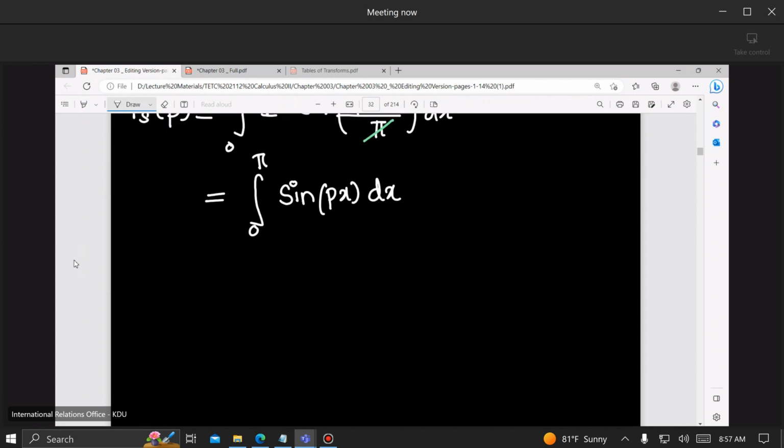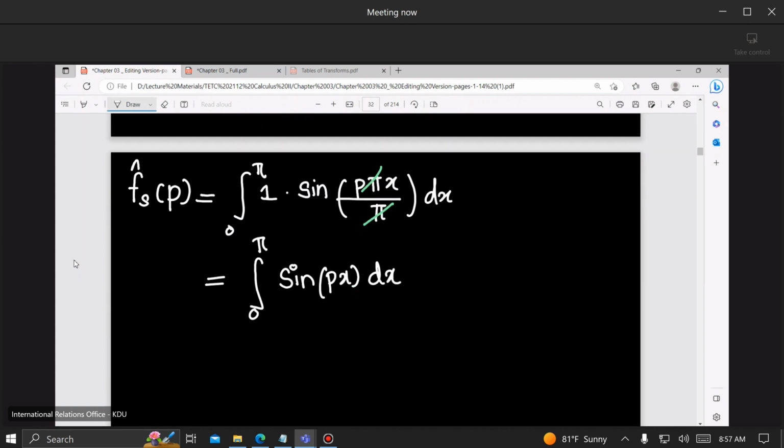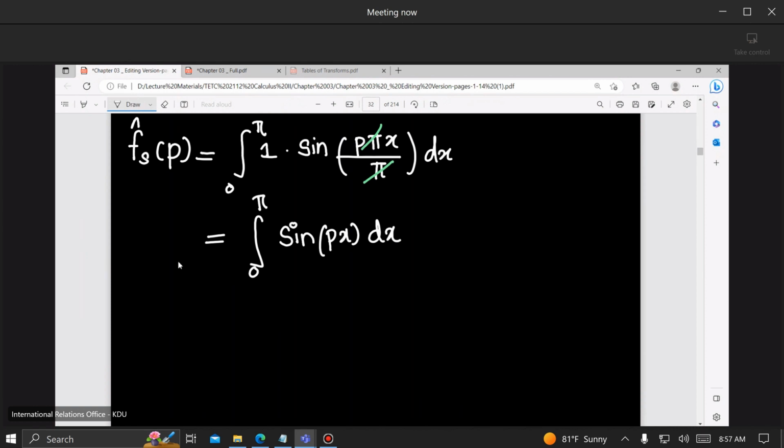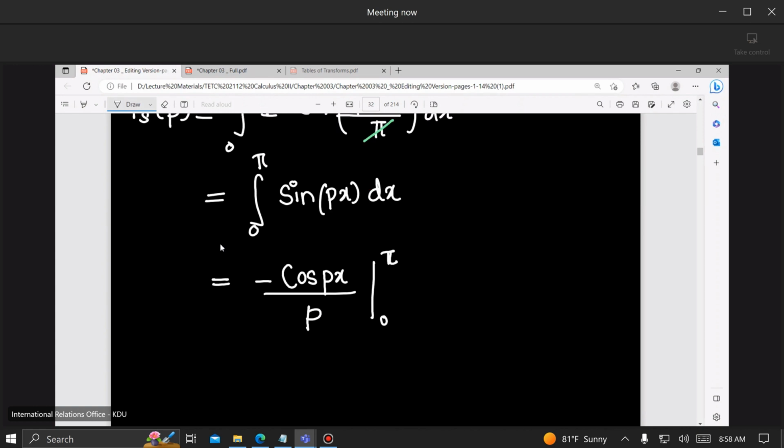So you have to integrate sin px with respect to the variable x from 0 to phi. What is the integration of sin px? It is minus cosine of px over p, and we need to substitute the lower and upper limits. So we can bring this minus 1 over p out. Let's substitute phi and 0 for x in this cos px. The first one is cos p phi minus cos 0.